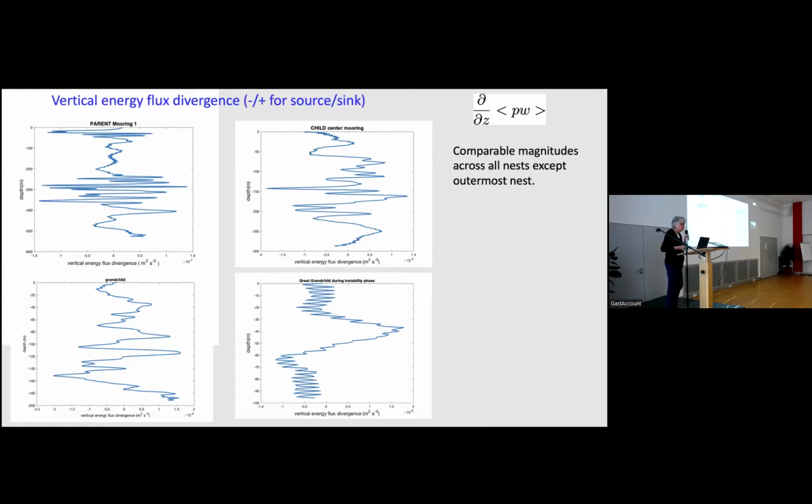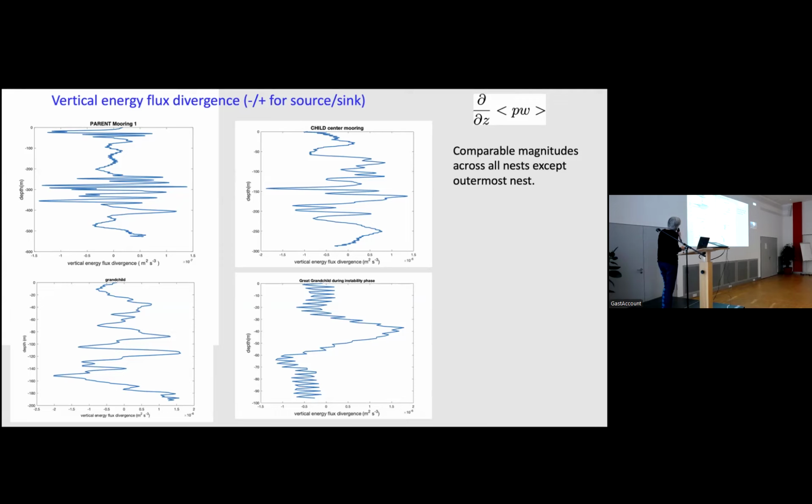So now let me just talk briefly about the vertical energy flux divergence. How well do our models actually flux energy down, and is it consistent? So you see here, I've got the parent one, and these are from moorings, numerical moorings, obviously.